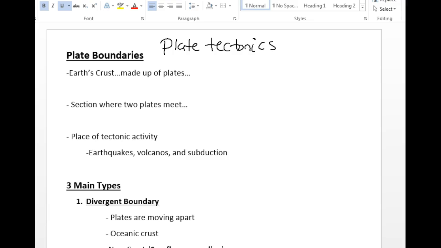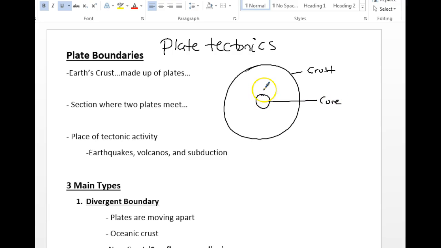So we know the Earth, if we were going to draw a picture of the Earth, and if you just imagine an apple, just the skin of the apple is the crust. And then inside of that, in the center, is the core, and there can be an inner core and an outer core, right? This would be inner.